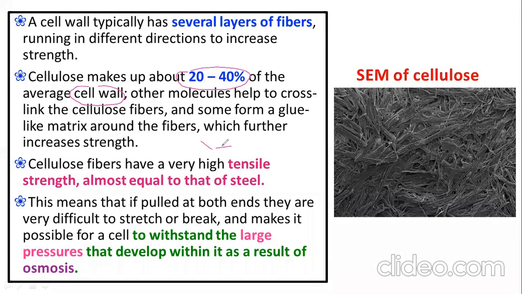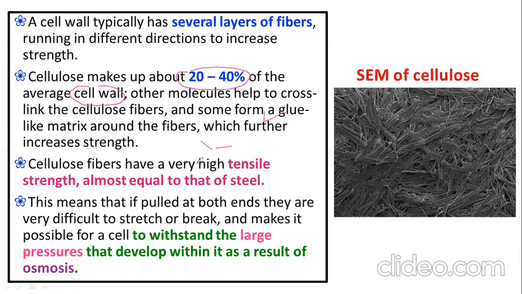In cross-linking, hydrogen bonding is involved, right? But other molecules are also there that help in cross-linking to make bonds between them, and some molecules act like a glue in which these fibers are present to increase the strength.